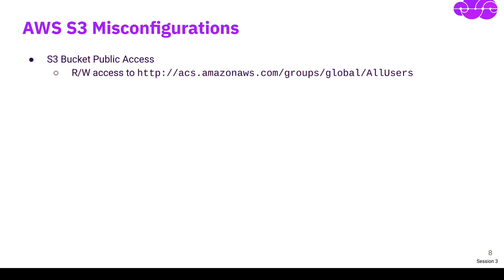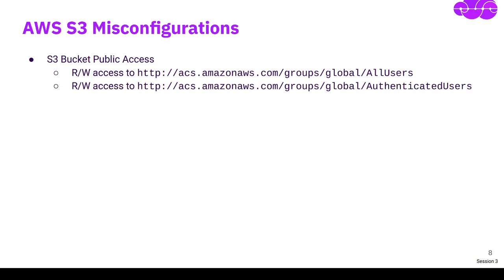No, sorry, AllUsers denotes everyone on the internet, right? The AuthenticatedUsers group, the next one that came up on screen now, denotes all AWS authenticated users. So if you and me, for example, doesn't matter what AWS account we are operating from, if a bucket has read-write access to the authenticated users group, you would be able to read-write on that bucket. It doesn't matter who the bucket belongs to.